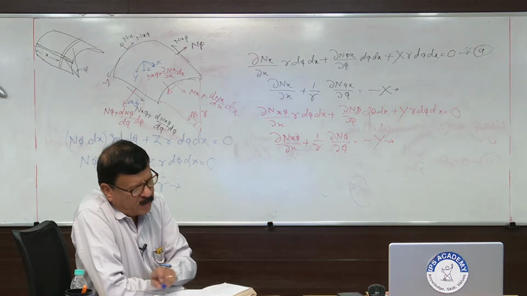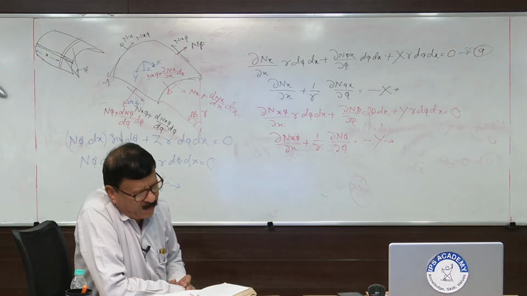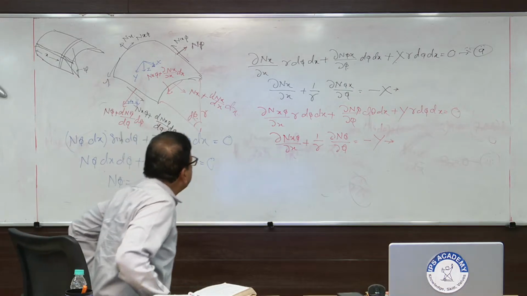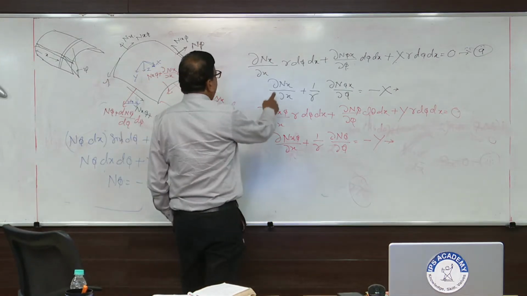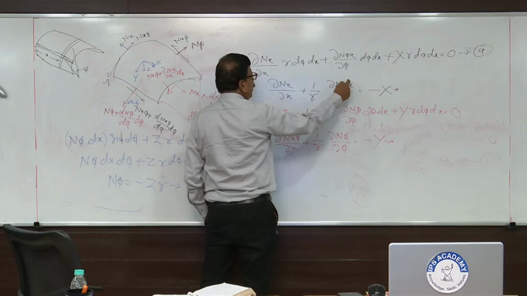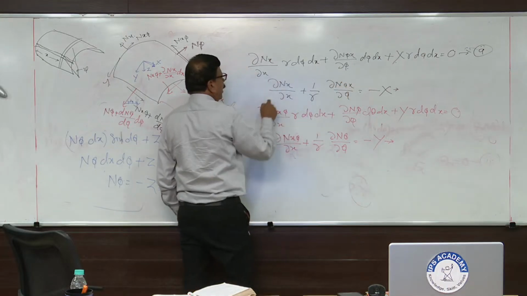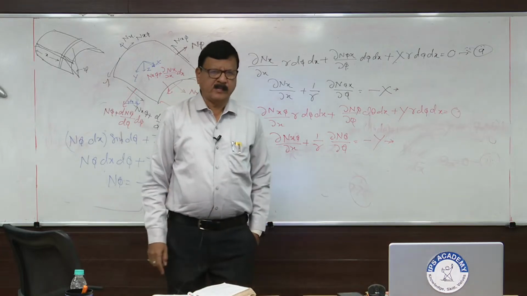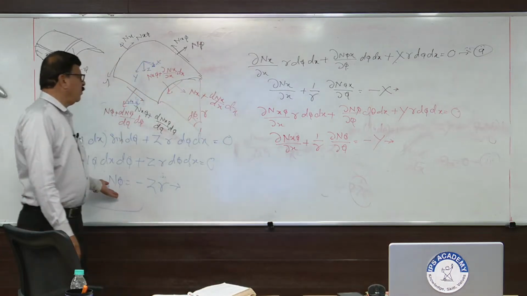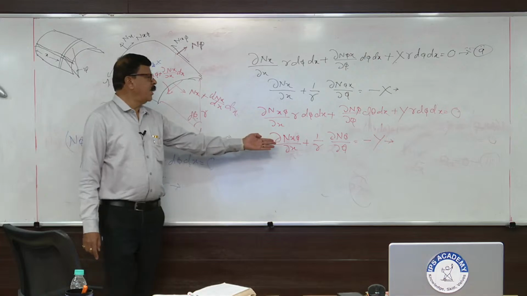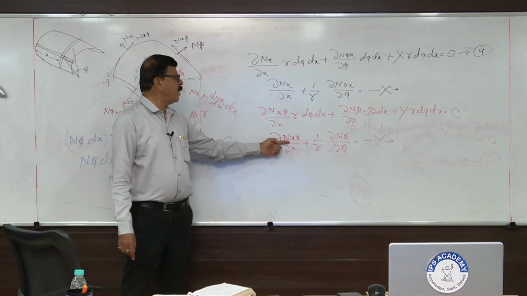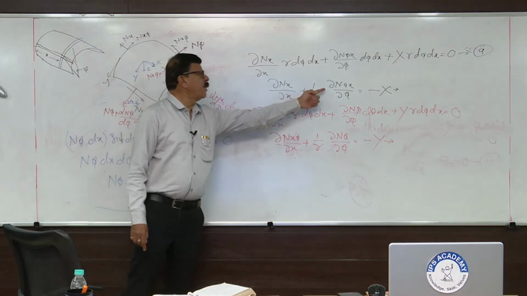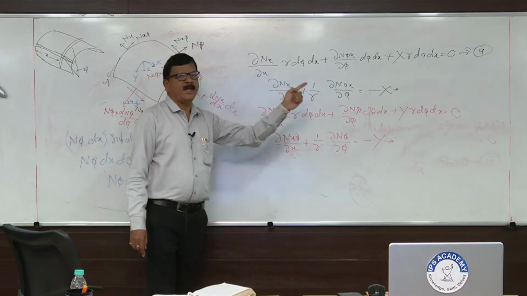Now, using the value of n x phi, we can obtain n x: put that value here, integrate, and we will get n x.